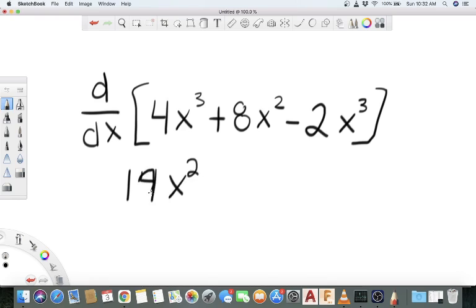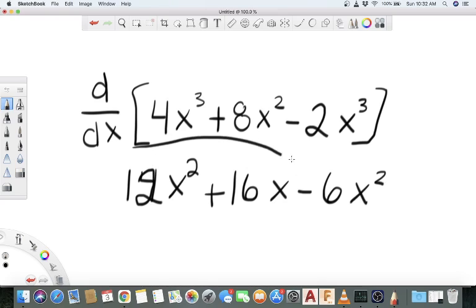Oh, 12 here. And then plus 2 times 8 is 16x, and then 2 minus 1 is 1, but we're not going to write that. And then minus 3 times 2 is 6x, and then 3 minus 1 is 2. So that right there would be our final answer, 12x squared plus 16x minus 6x squared.